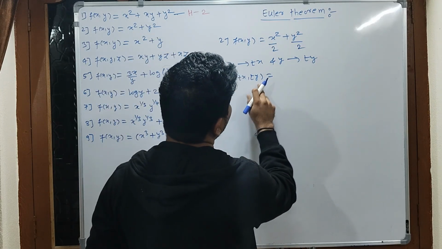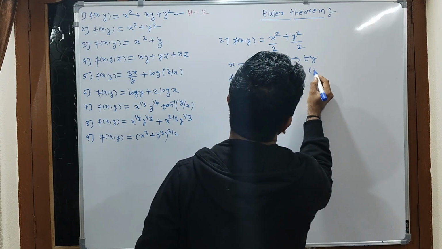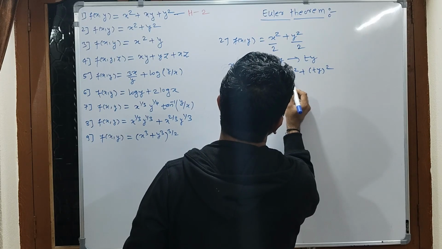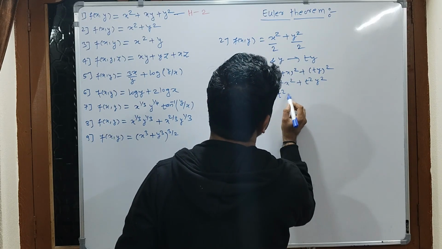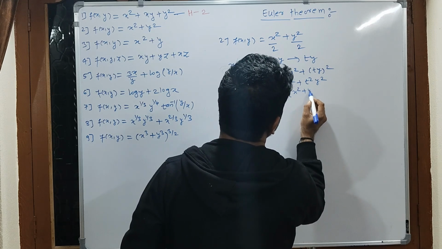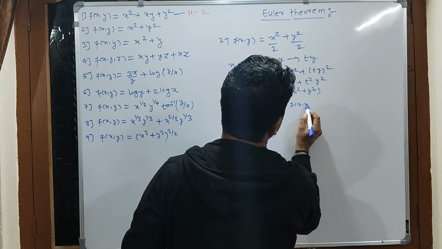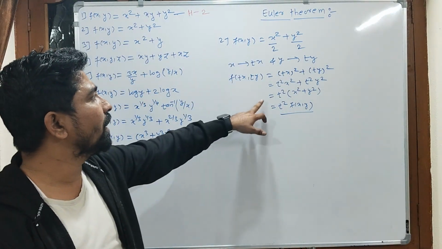So for tx comma ty, this is tx whole square plus ty whole square, which is equal to t square x square plus t square y square, which is equal to t square times x square plus y square, which is equal to t square times f of x comma y. So this is a homogeneous function of degree 2.